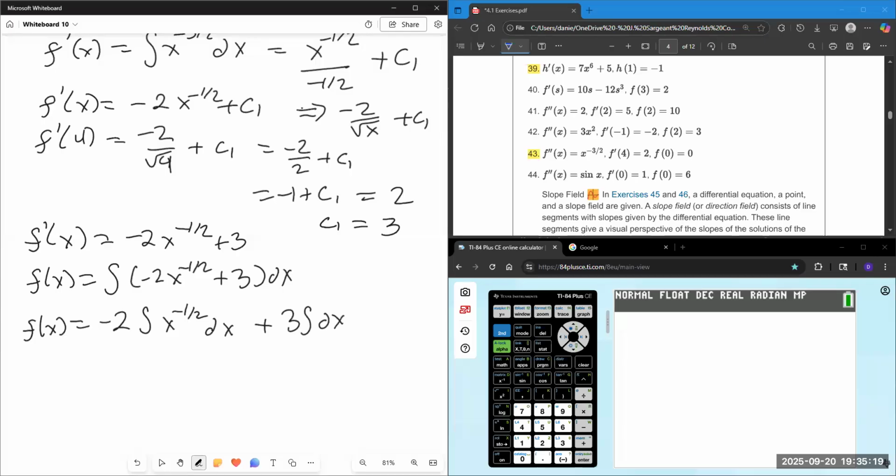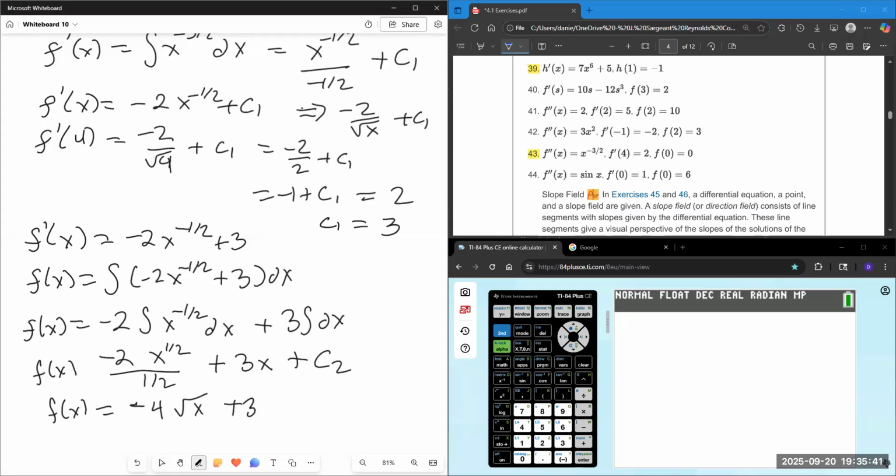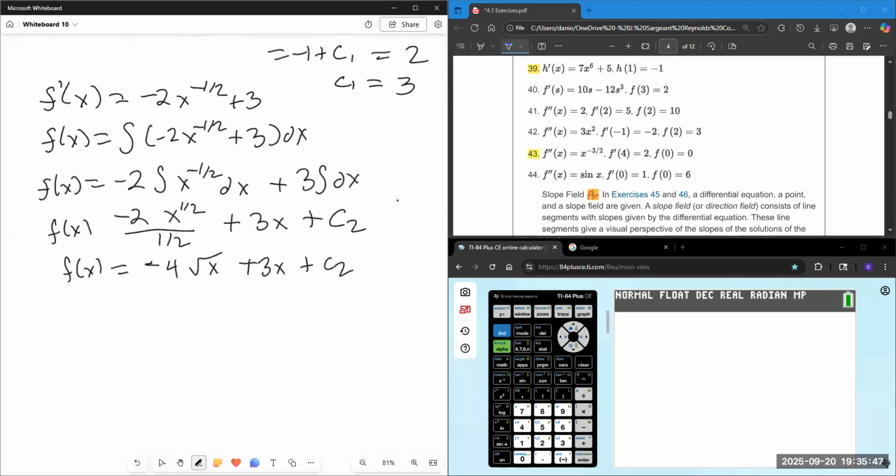This is negative 2x to the 1/2 over 1/2 plus 3x plus C2. And that is negative 4 square root of x plus 3x plus C2, and we were told f of 0 is 0.